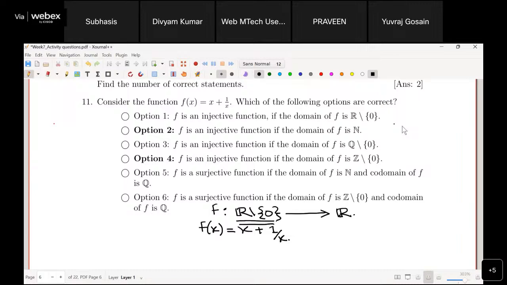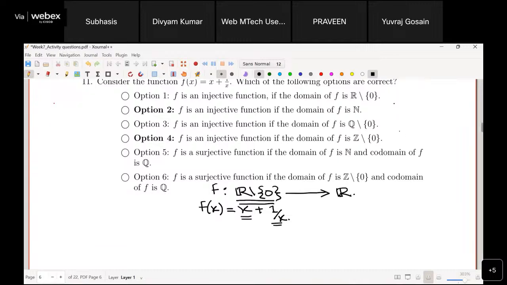As you can see, this expression x plus 1 by x is sort of symmetric. If I take x to be 2, then what is my f of 2? It's basically 2 plus 1 by 2, right?